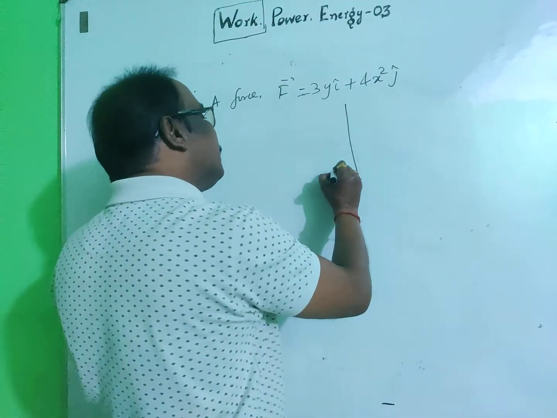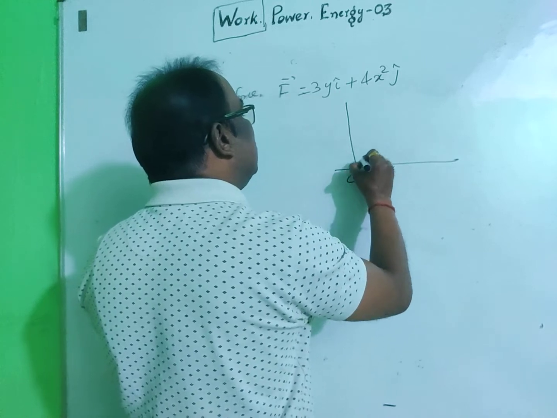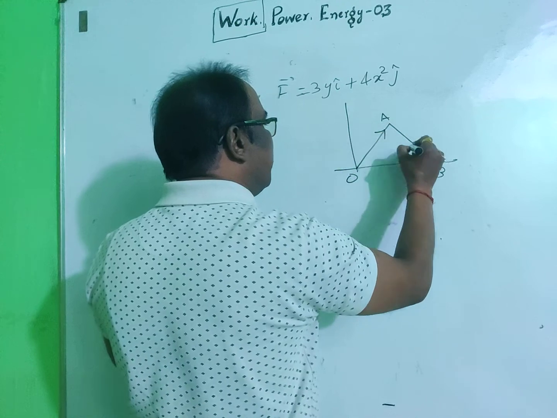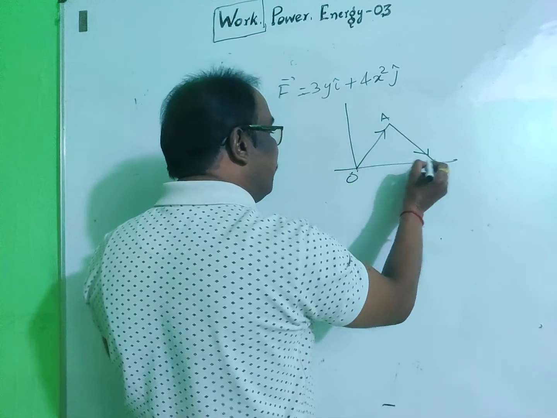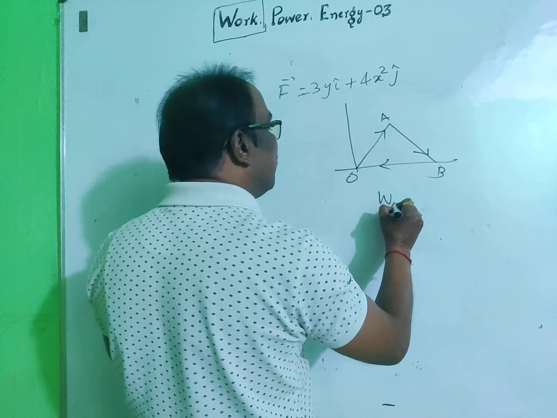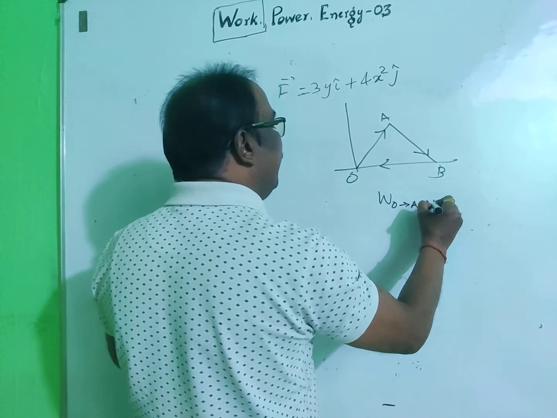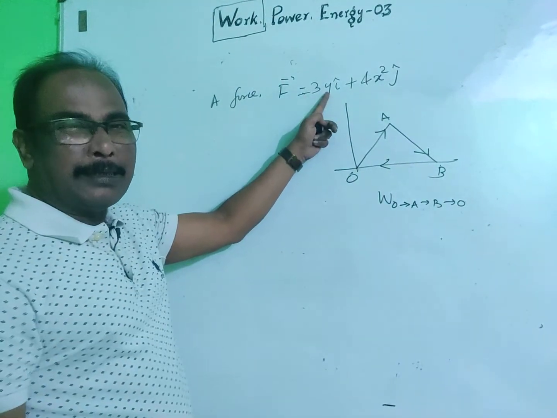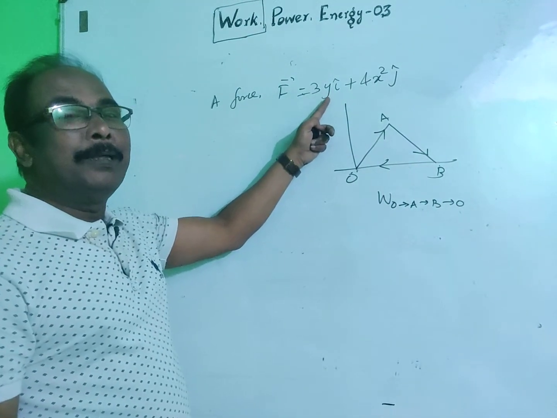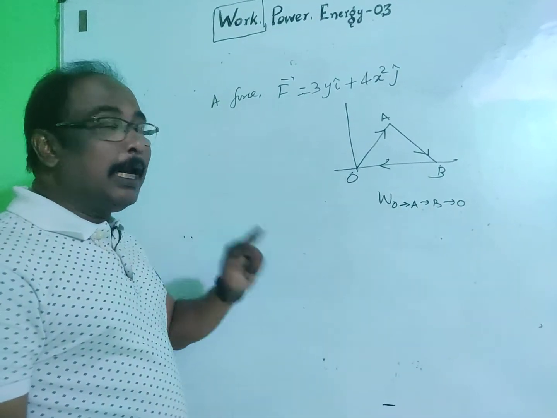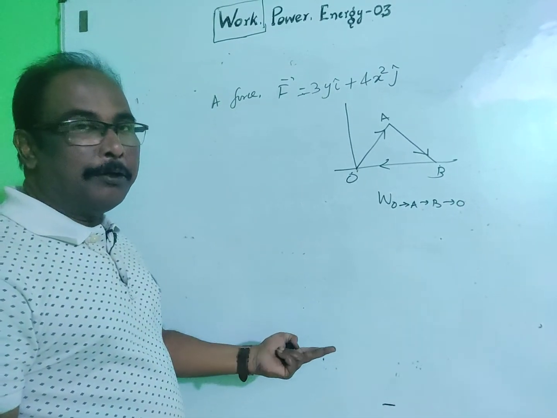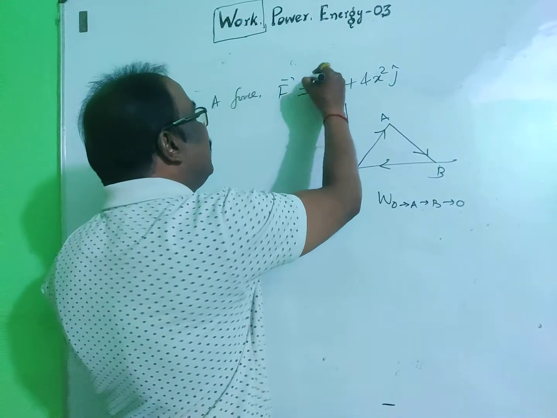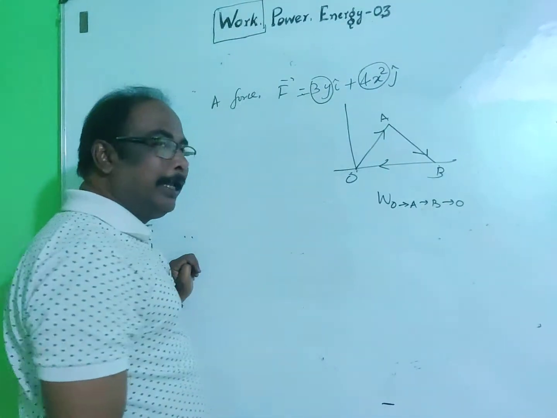Again, if it is asked what is the work done in taking a body in a closed path, first from O to A, then from A to B, then from B to O. First check this. If the force is conservative, then work done is 0. If it is not conservative, then work done is not 0. You will check it because the x component and y component of force are given.